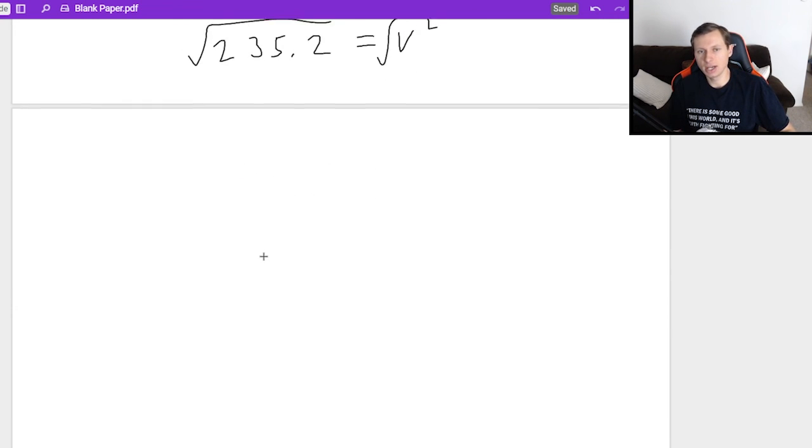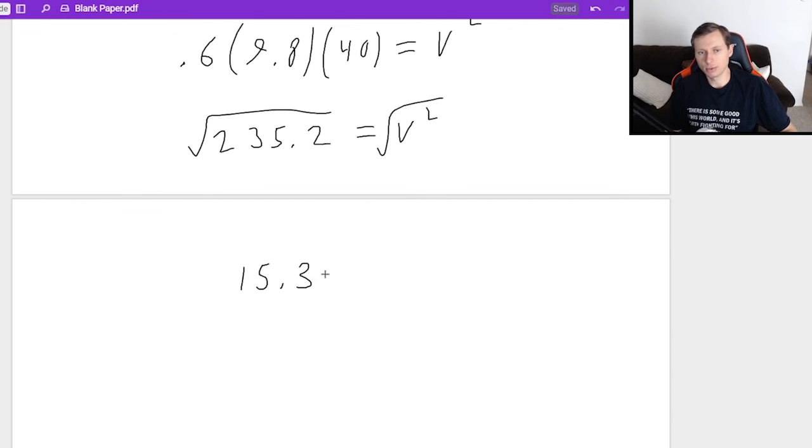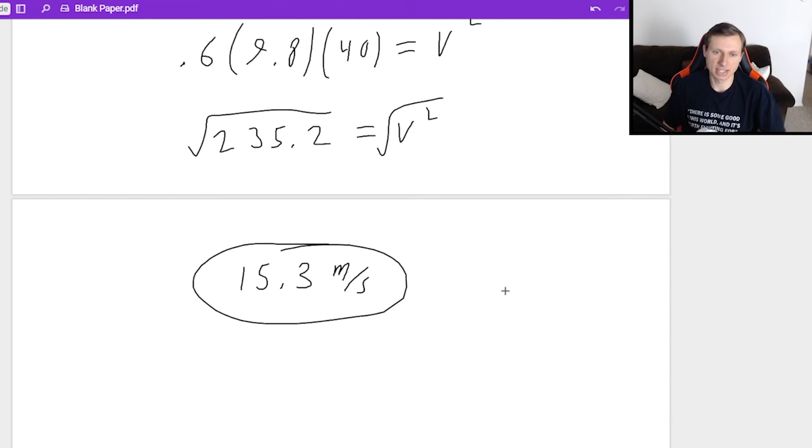And it looks like I get 15.3 meters per second. That's the fastest I can take this turn without sliding off the road. In case you're curious, that's about 35 miles per hour, which means that the speed limit for this road would probably be around 25 miles per hour because you're going 10 miles per hour over anyway.